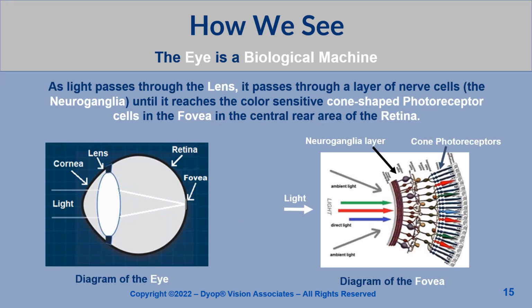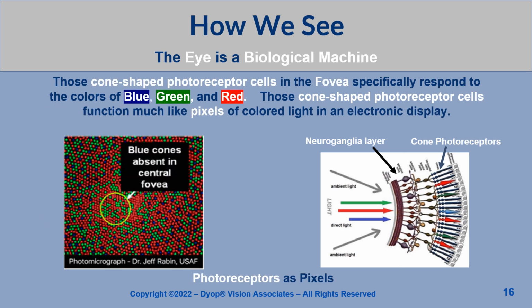As light passes through the lens, it passes through a layer of nerve cells called the neuroganglia until it reaches the color-sensitive cone-shaped photoreceptor cells in the fovea in the central rear area of the retina. Those cone-shaped photoreceptor cells in the fovea specifically respond to the colors of blue, green, and red.